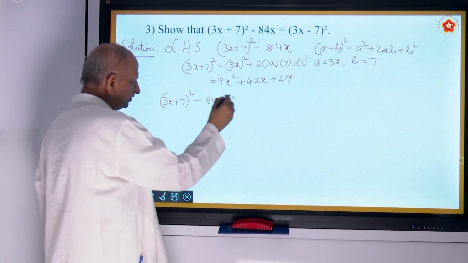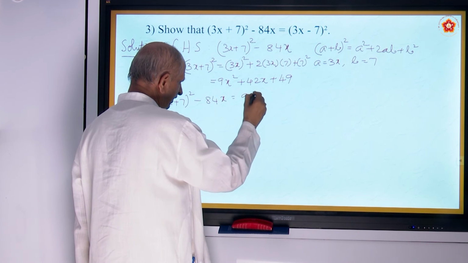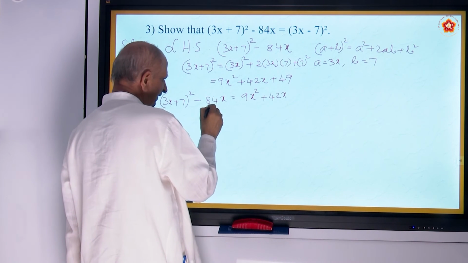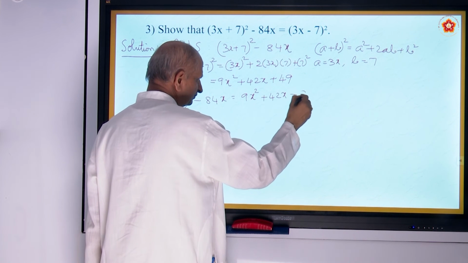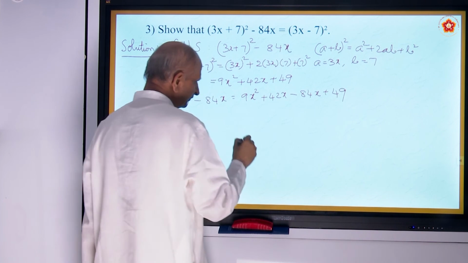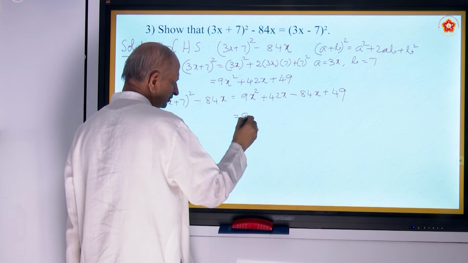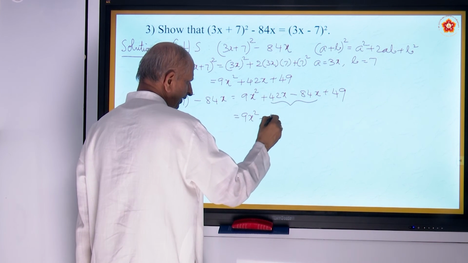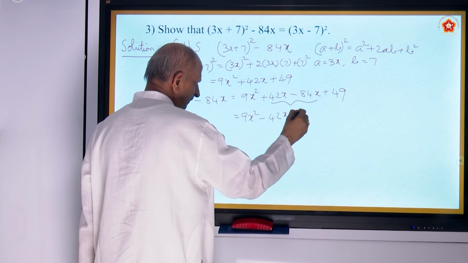So if you expand this, how much you get? 9x square plus 42x. This minus 84 is right here only because they are like terms. Now this will be equal to how much? 9x square, subtract this, minus 42x plus 49.